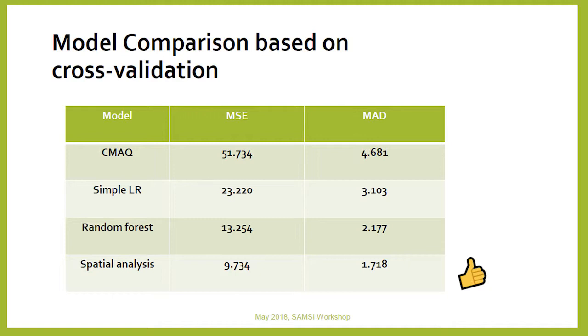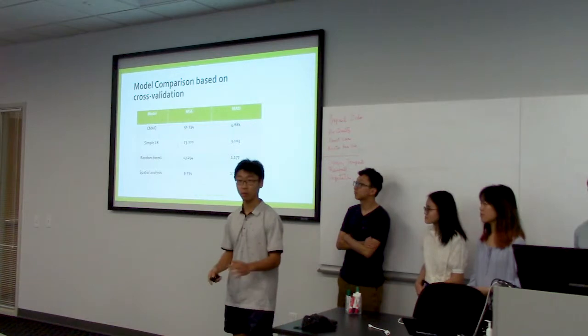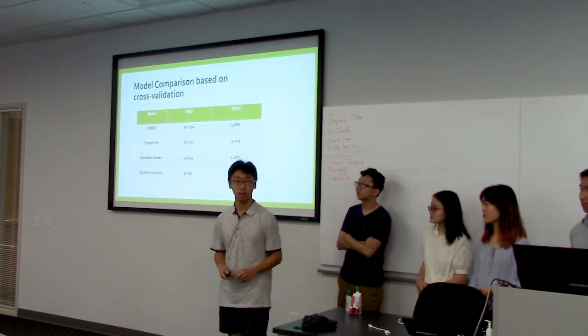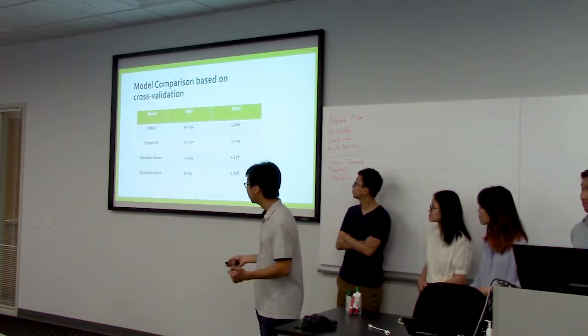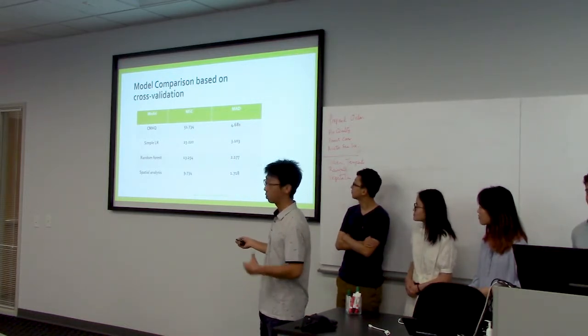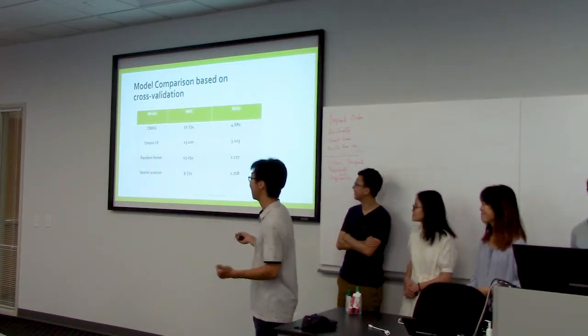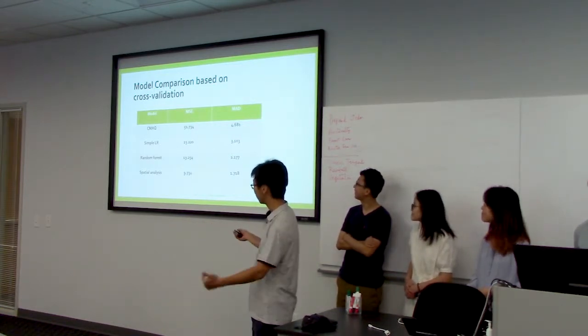And then we incorporated our CMAQ and other 30 covariates into our simple linear regression model, and it tremendously drops the MSE to 23. So we can say that our simple linear regression model is double better than the CMAQ. But even more than that, our random forest, after we trained the forest for 2 hours, something got to pay off, right? So it dropped the MSE even more to 13.